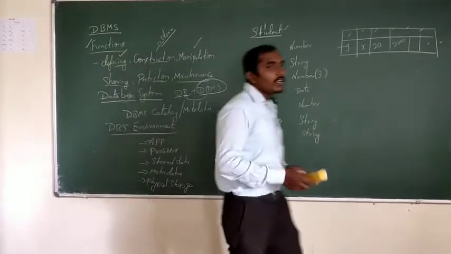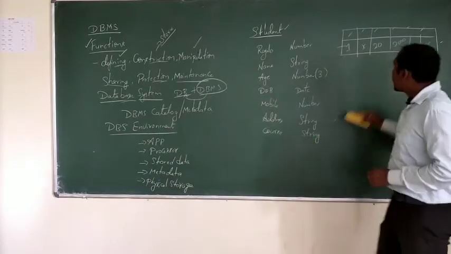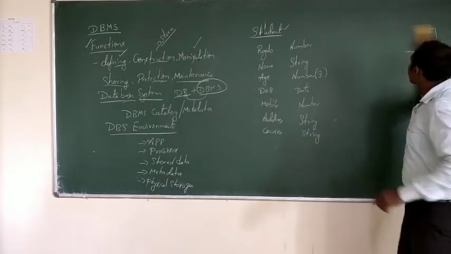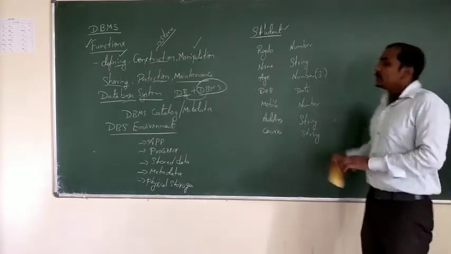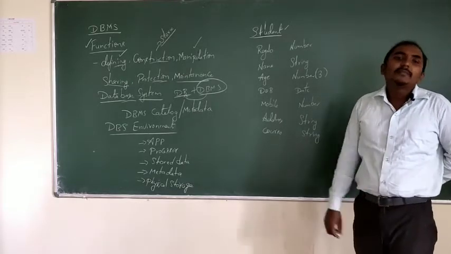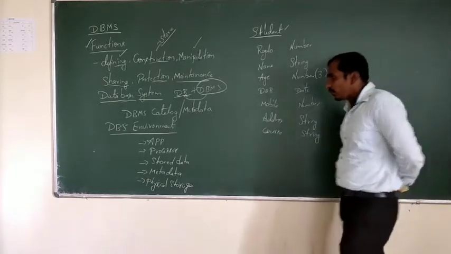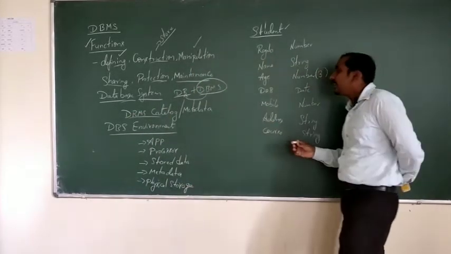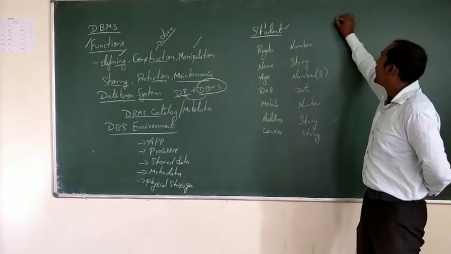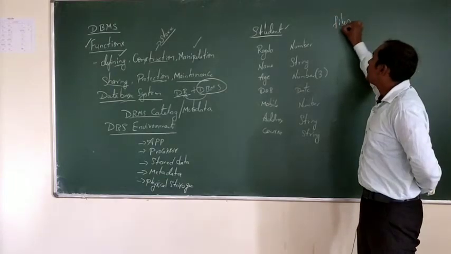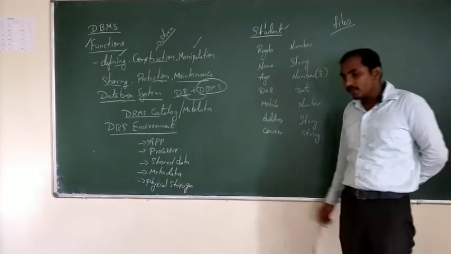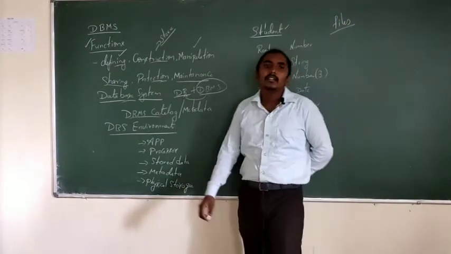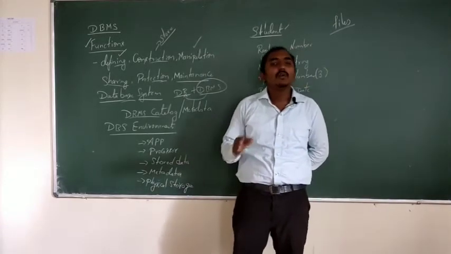First, coming to the database catalog. The database catalog is nothing but the database system catalog or DBMS catalog. Whatever data you are going to store will be stored in the form of files, right? If you create an MS Word file, we consider it as file1.doc.